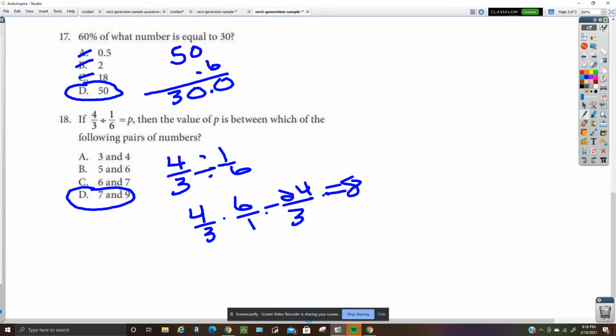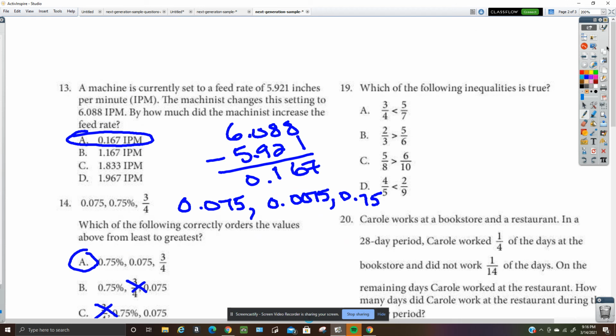And see if we can get up here to 19 and 20. Which of the following inequalities is true? So we need a common denominator to compare a fraction of magnitude 28. It's 21. Make that a 28. And get 20. This should go that way. So no, it's wrong.